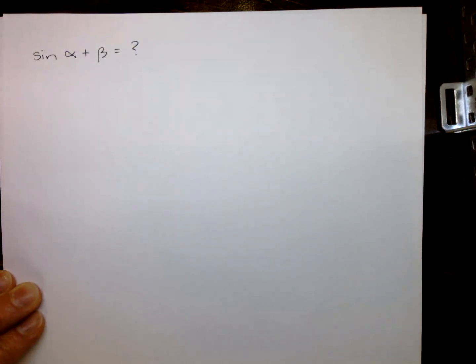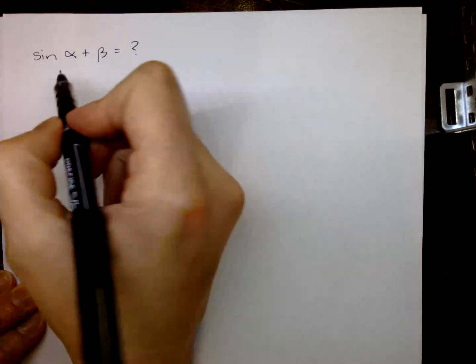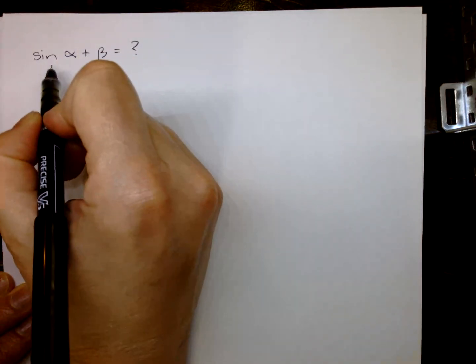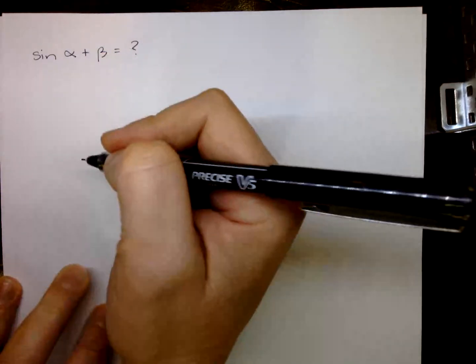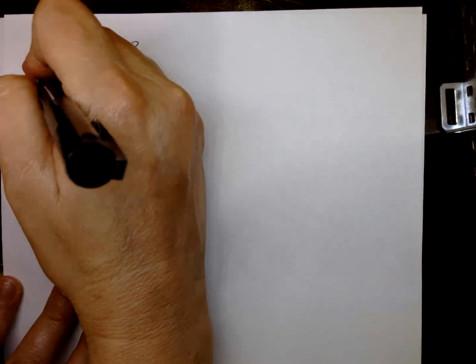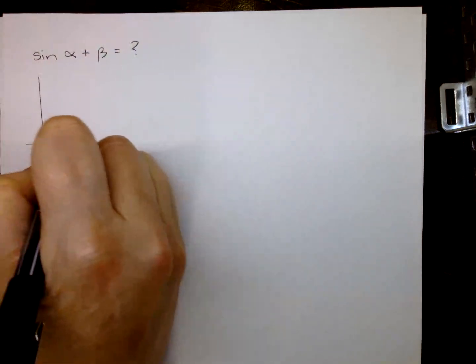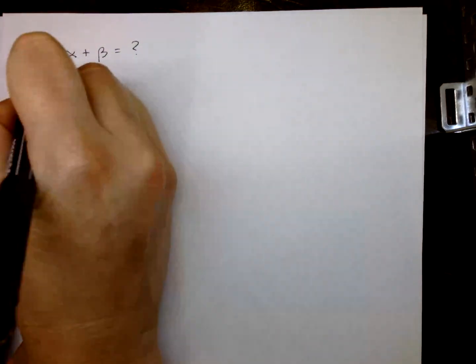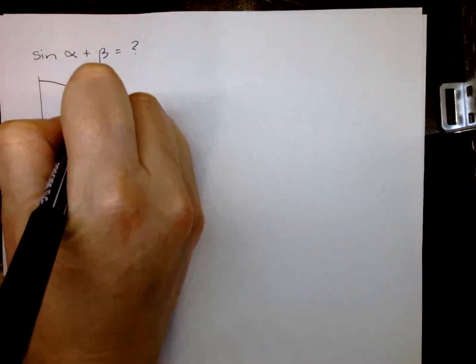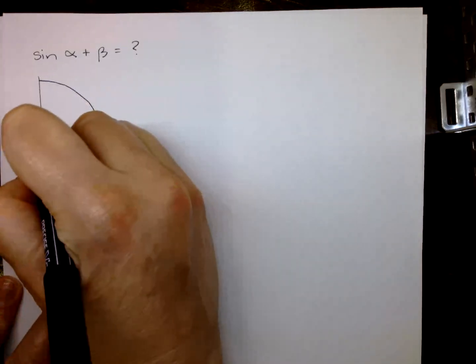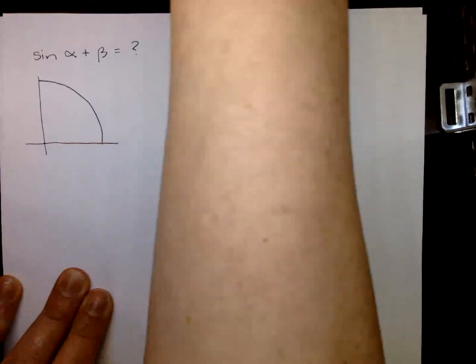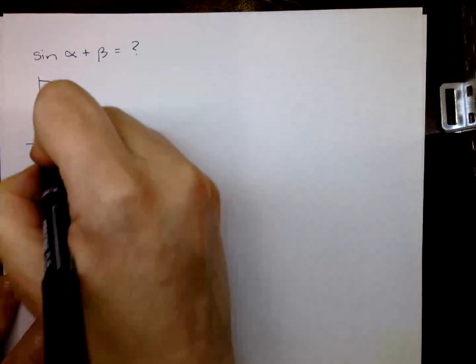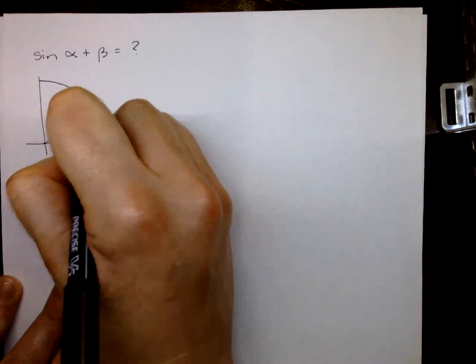So let's begin back at the beginning with this idea that we're trying to figure out what is the sine of alpha plus beta. Alpha and beta being two angles. They can be in degrees or radians. And the idea here is, let's say you've got alpha, we'll make it this little guy right here.